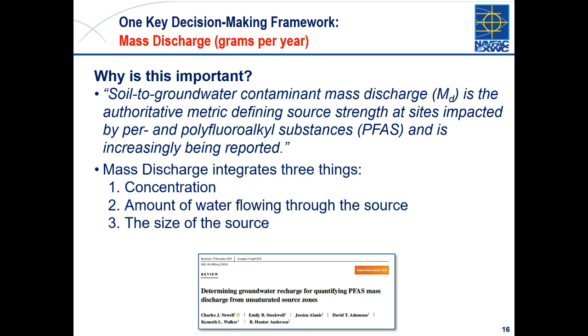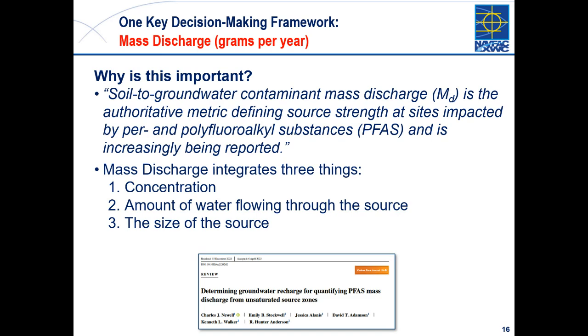We talked about how this soil to groundwater contaminant mass discharge is the authoritative metric defining source strength for these PFAS sites. And it integrates three things: the concentration, the amount of water flowing through the source, and the size of the source.